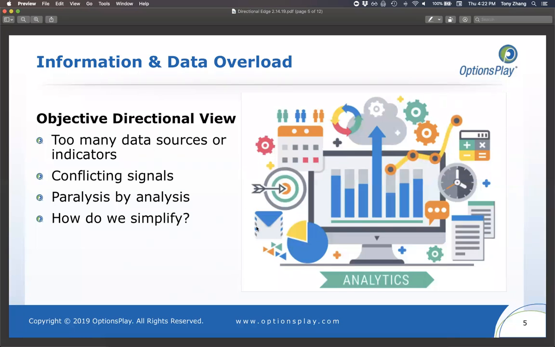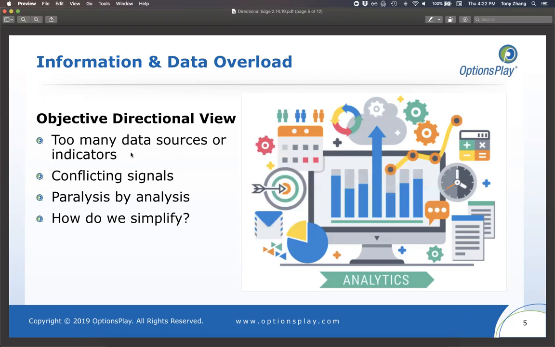I want to start off by talking about this concept of information and data overload. I think many of you can connect with this concept that we simply have access to too much information sometimes, where the amount of information is so overwhelming that we really don't know where to look. We have too many data sources or indicators, and it ends up providing the exact opposite result of what we're looking for.